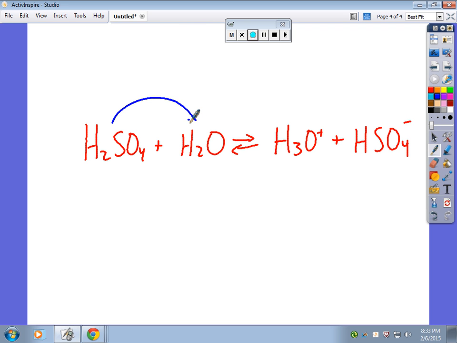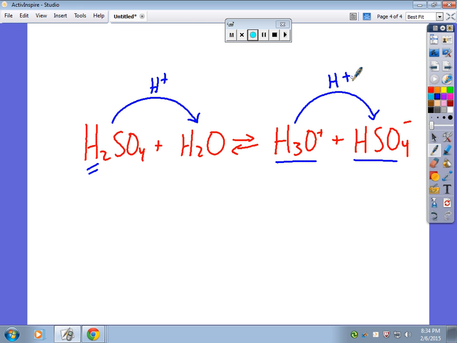So what do you have here? Is this happening? I think it is. I think that one of these hydrogens is getting tossed in the air to this water. And how do you know that? Because on this side, what has to happen to make it look like my reactant side? Doesn't my H3O+ have to throw a hydrogen to this HSO4-?